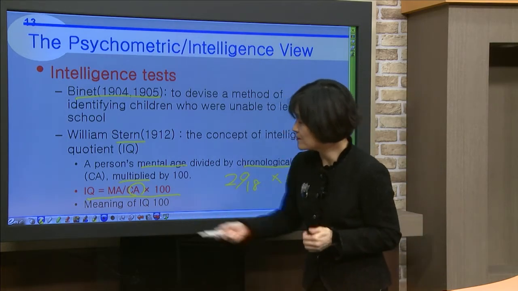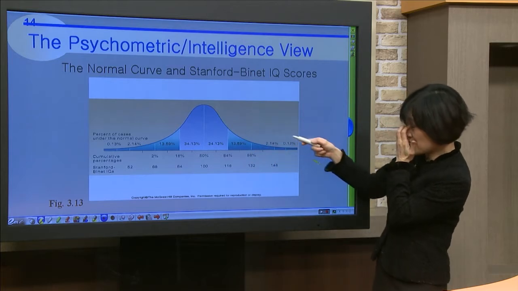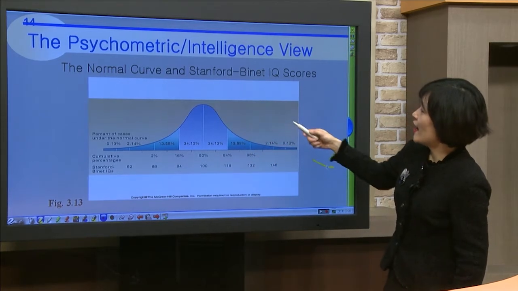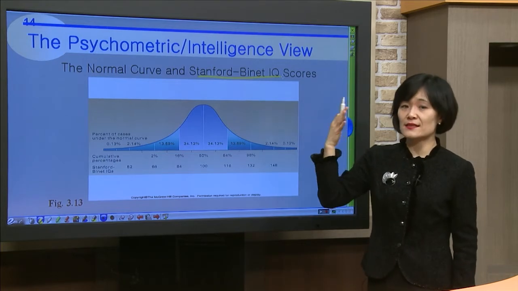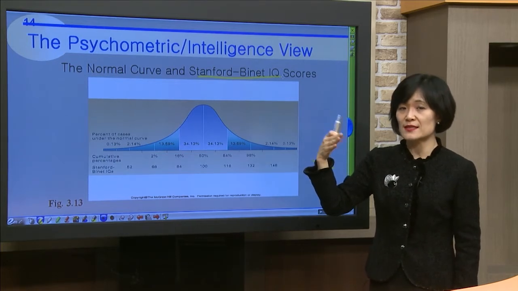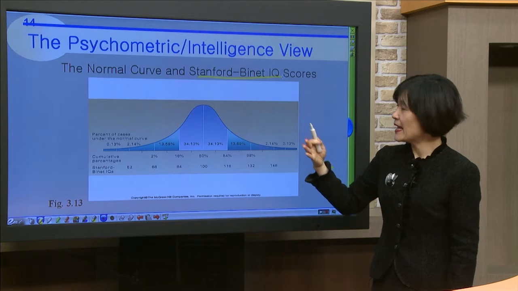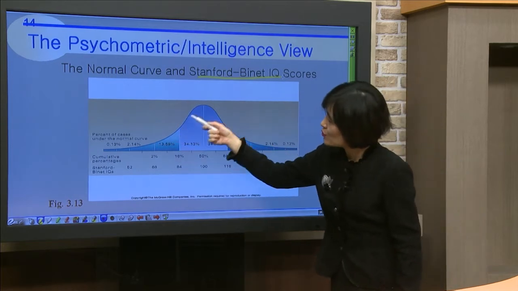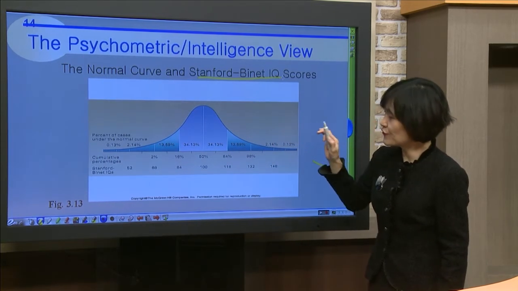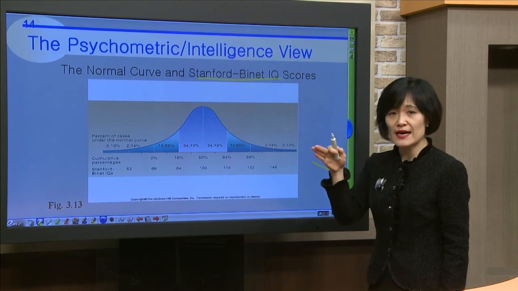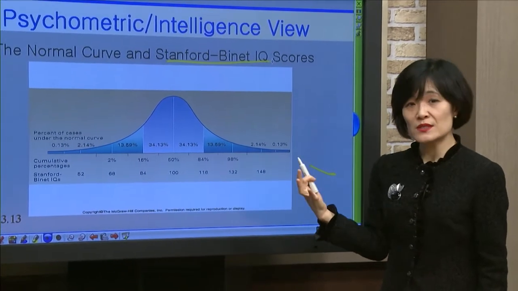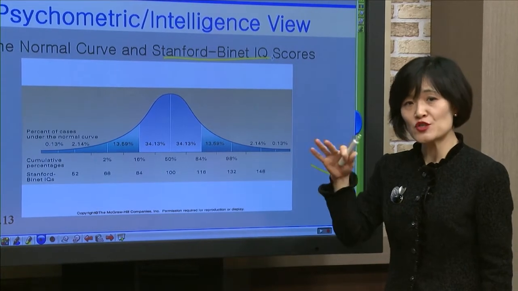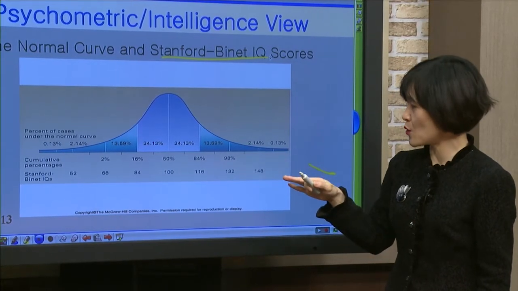That is the definition. So you see that this is a normal curve. Actually, the Stanford-Binet, that IQ test, is a more developed scale after Binet, and they use the normal curve to figure out each person's IQ. So we have the norms to compare each person's IQ score.